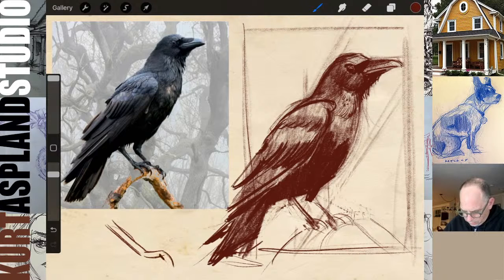Get that little overlap right there. That's important. And then it curves around like this. This is not a bad thing to do, to practice this on the side of your drawing here.